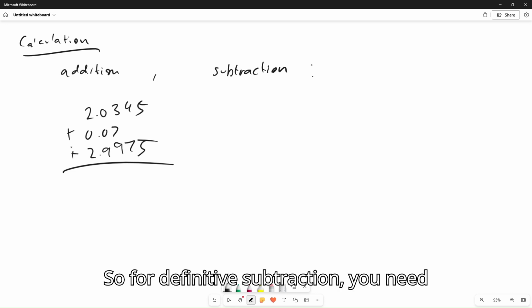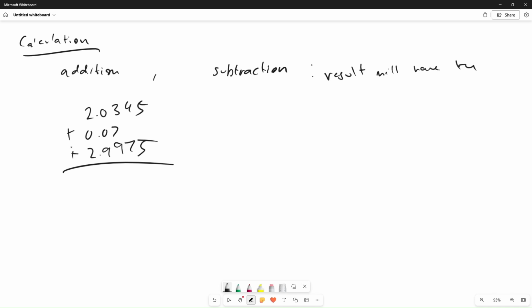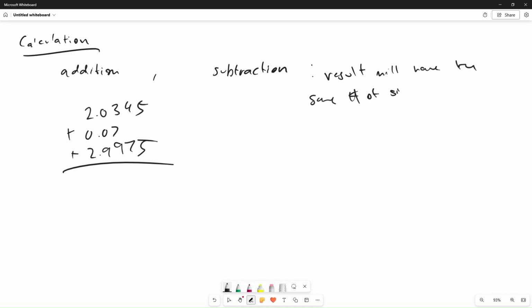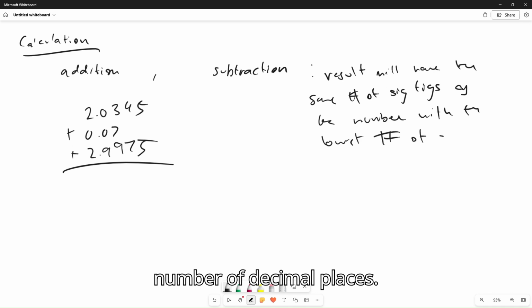For addition and subtraction, you need to remember that the result will have the same number of significant figures as the number with the lowest number of decimal places.